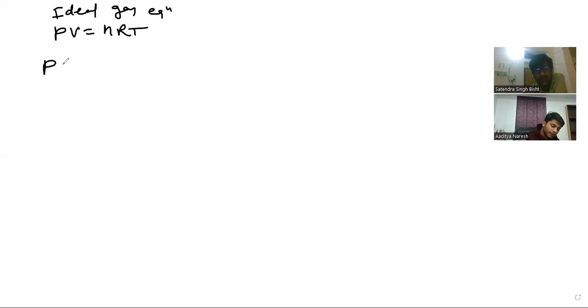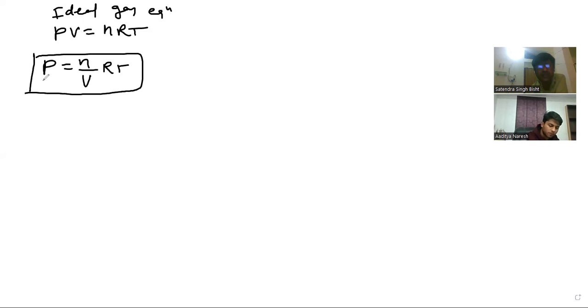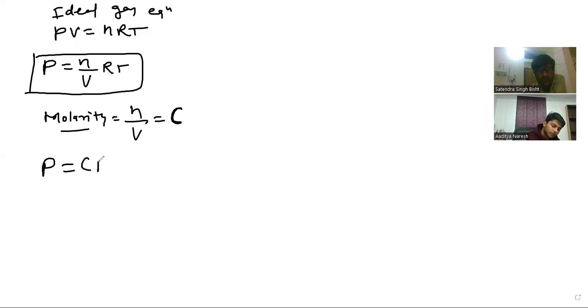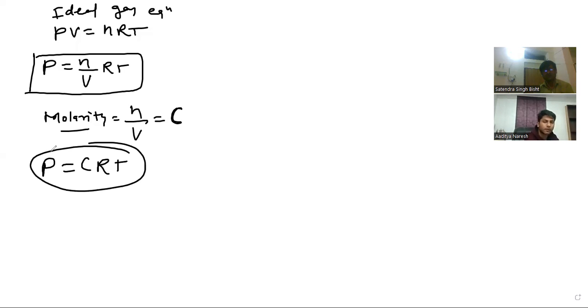And P equal to n upon V times RT. And n upon V means concentration, meaning molarity, that is the number of moles upon volume, which we can write as C. So pressure equals CRT. Is it clear?